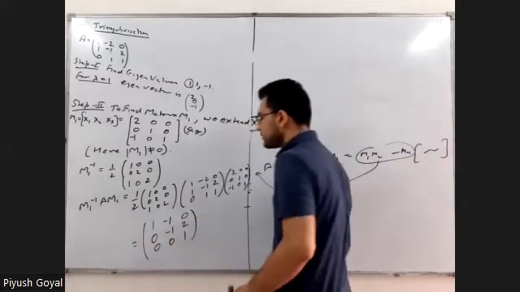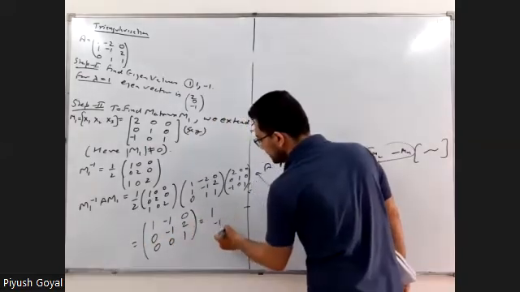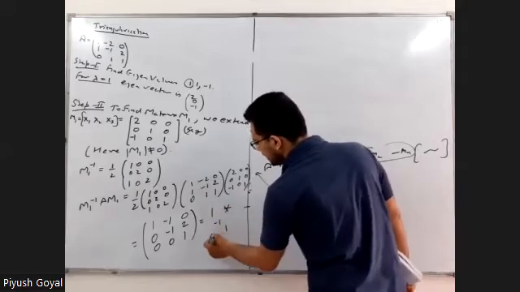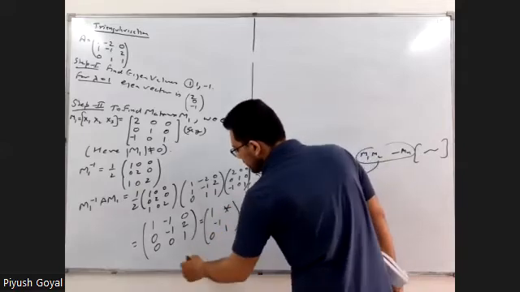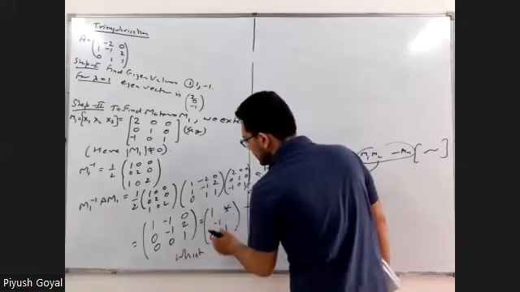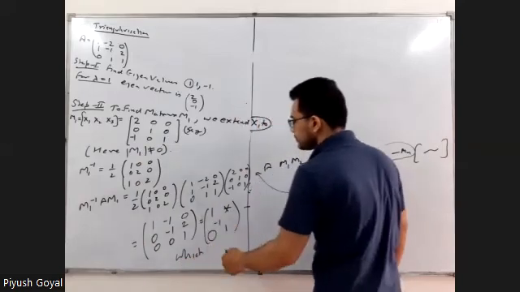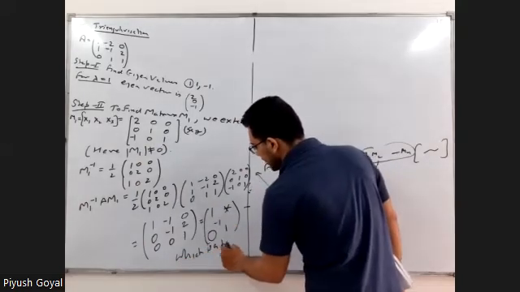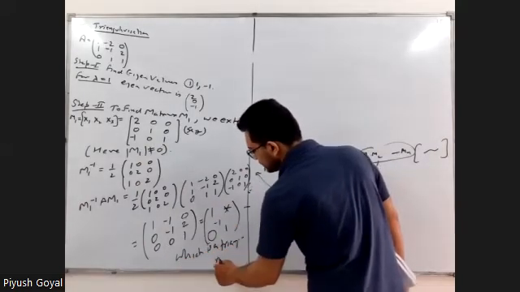So you should observe that this has 1 in the corner, then a star, and zeros below, which is a triangular matrix.